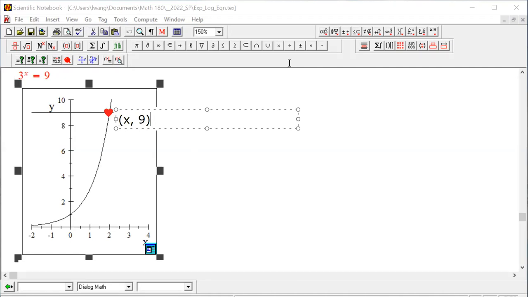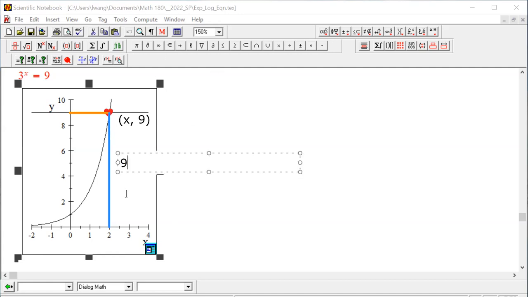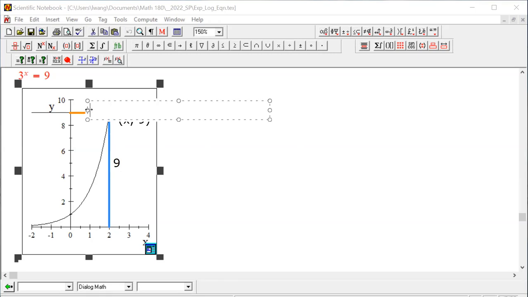X is horizontal as input, which is right here. This is x. And y is vertical. So this is 9, and this is x, and x is what we are looking for.